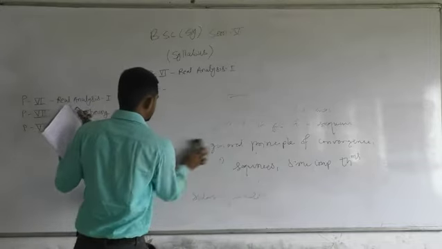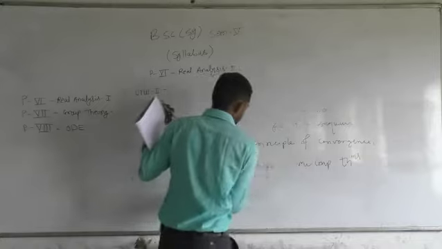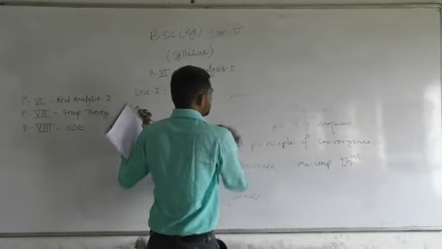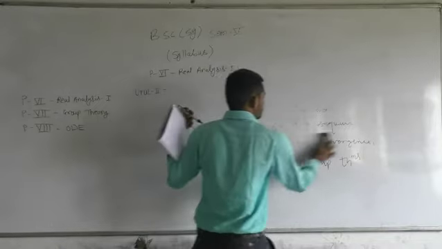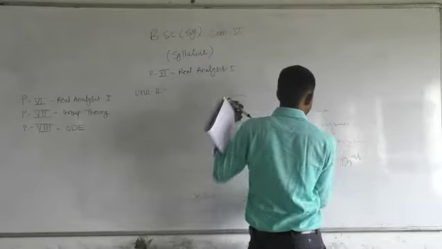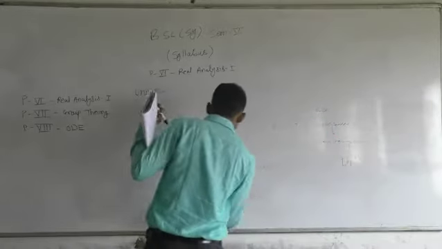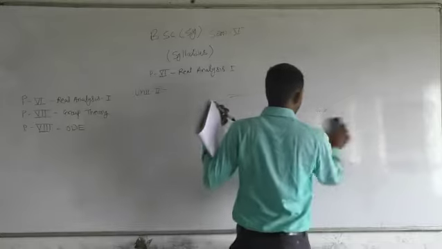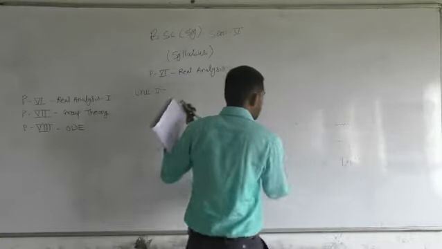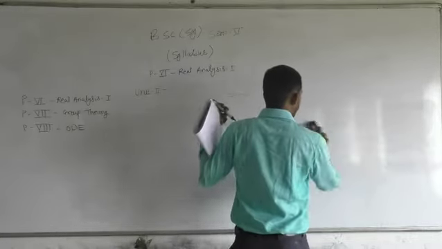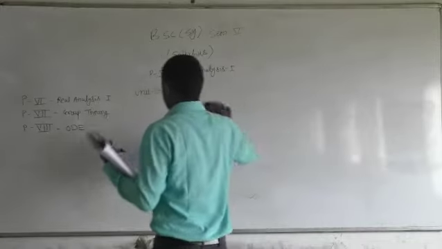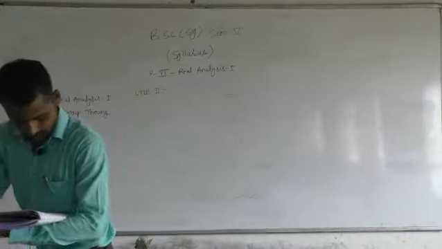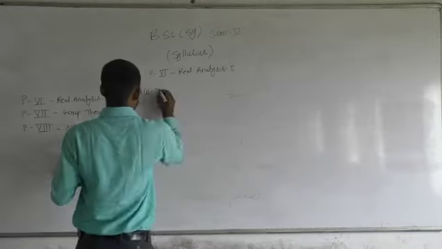Series means the sum of the elements of the sequence. In a sequence, there are an infinite number of elements, so the sum is the sum of infinitely many elements. So our unit third is infinite series.